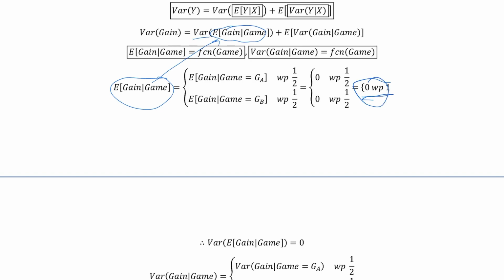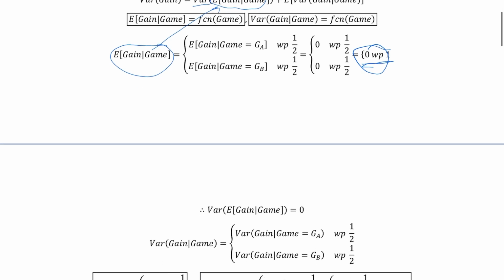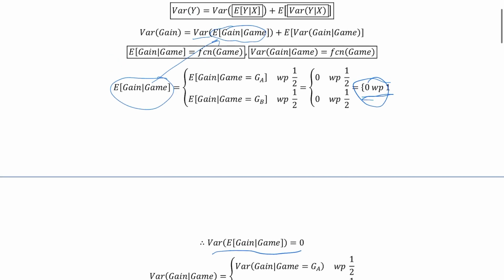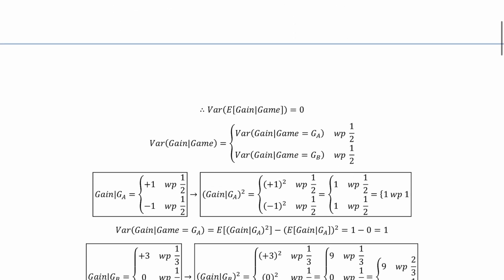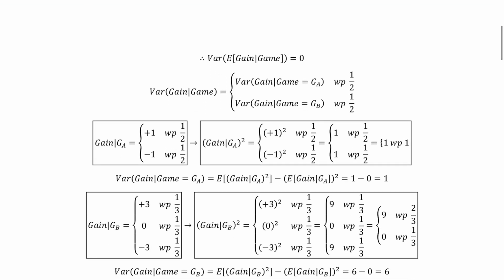And since this is not even random, it is deterministic, meaning it has no variance, hence the variance of that expression is 0. So we write it that way. Okay, so let's continue, and we will need to talk about the law of total variance.